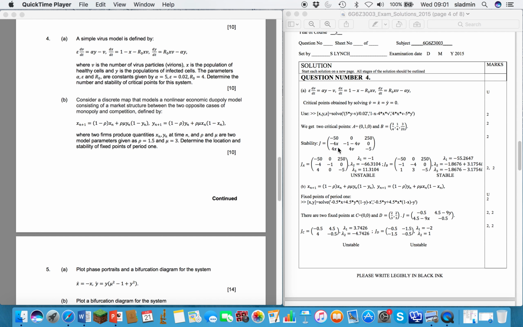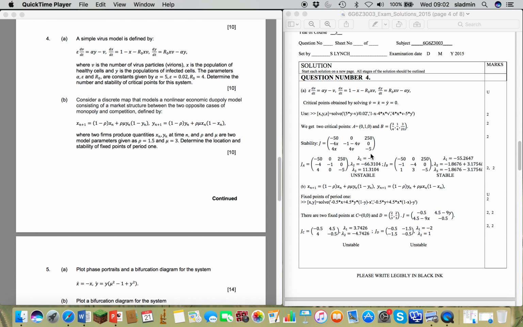We need to find the Jacobian matrix because we're going to linearize around each critical point. So this is the Jacobian matrix found by simple partial differentiation. Then we substitute for v, x, and y, and here is the Jacobian at the critical point at A. And then we can find the eigenvalues for this using MATLAB.